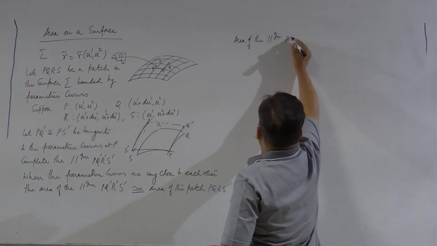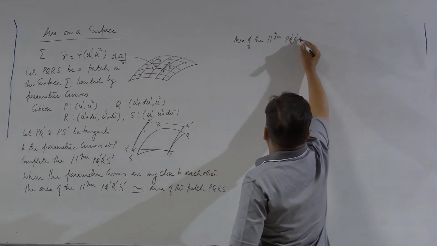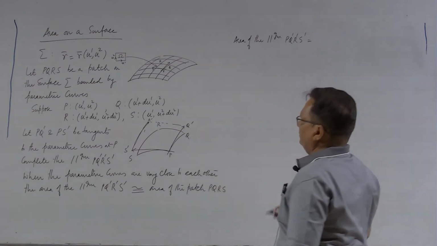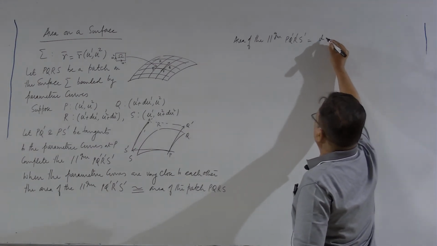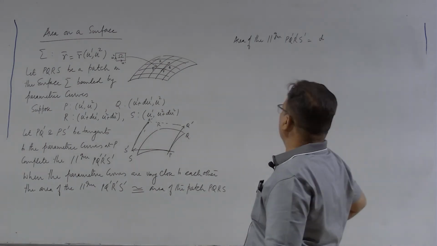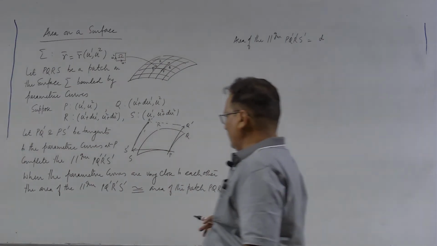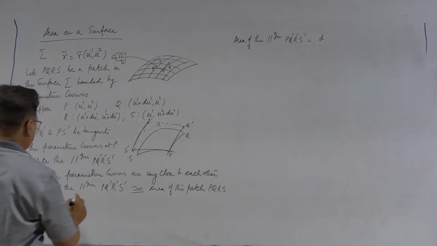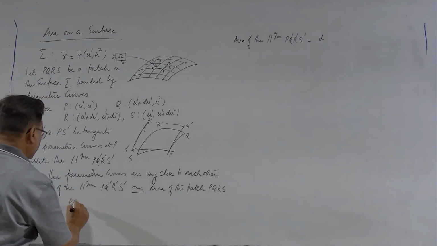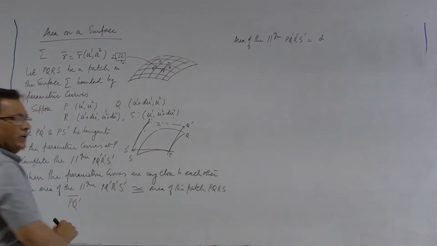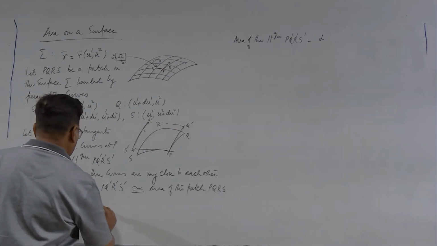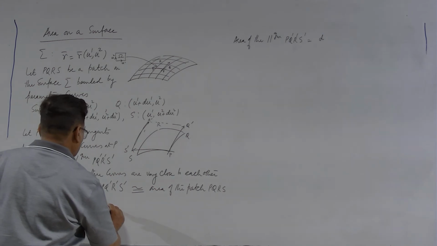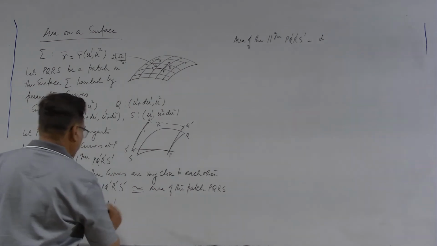P Q dash R dash S dash is equal to, what are the tangents? Let me write down the tangent at P. P q dash is the tangent at P to the u1 curve. It will be r1 du1.